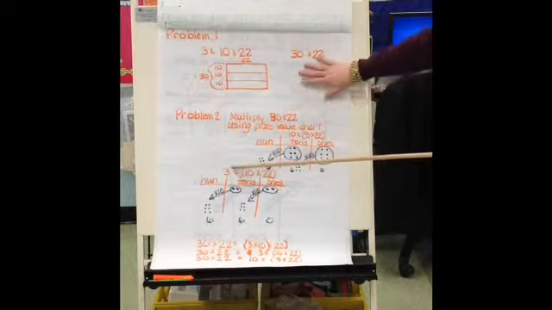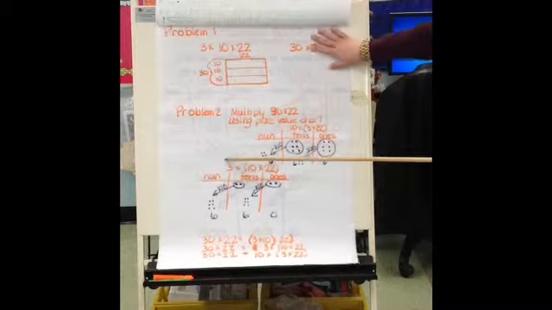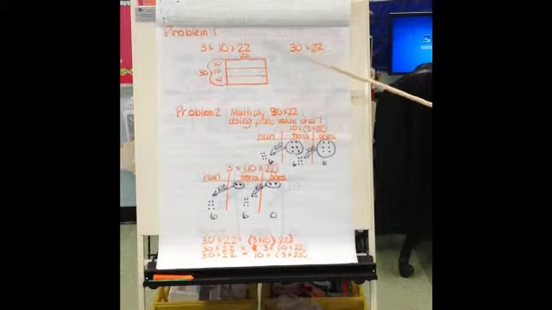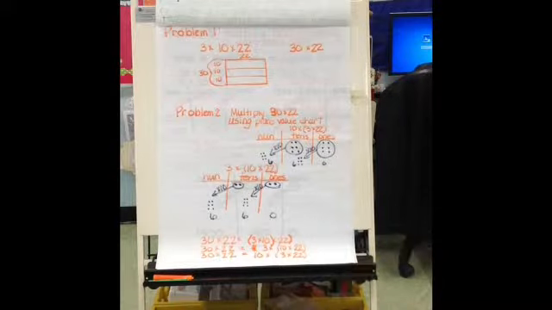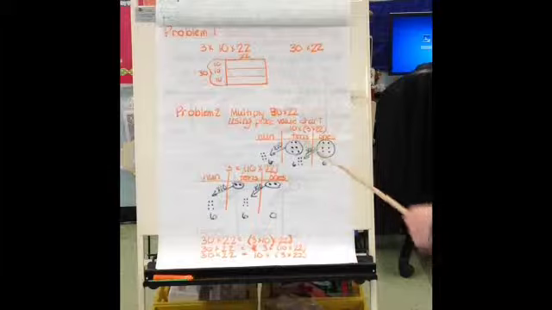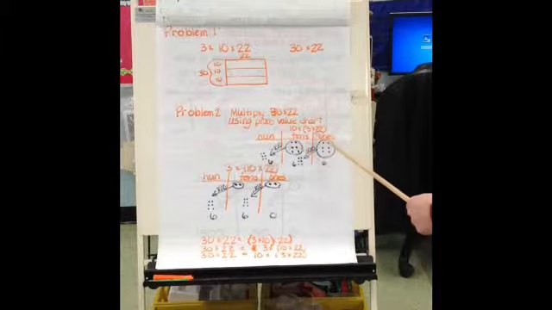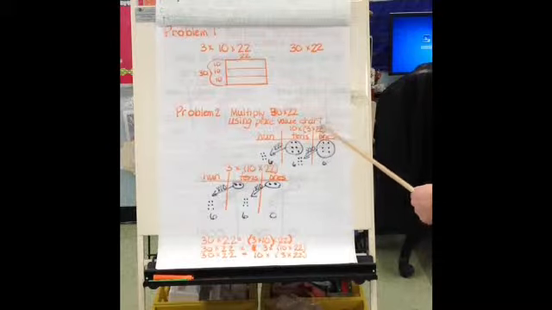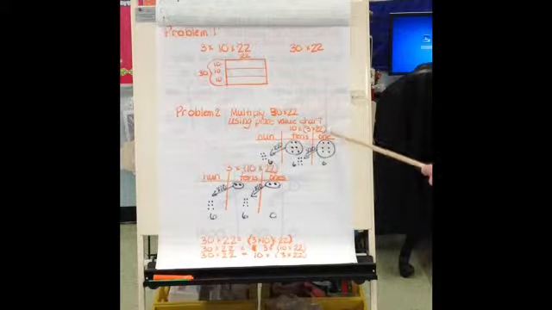So let's take a look at this. 3 times 10 times 22, or 30 times 22. Okay, here's the model I had on the previous page. Now we're going to use a place value chart to multiply 30 times 22. So I took 10 and I put 3 times 22 in parentheses. So I put 2 10s and 2 1s, and then I multiplied them each by 3.